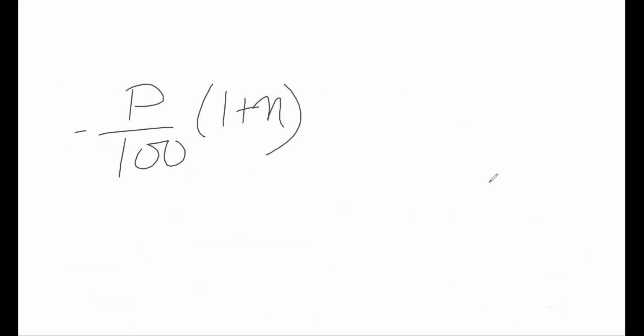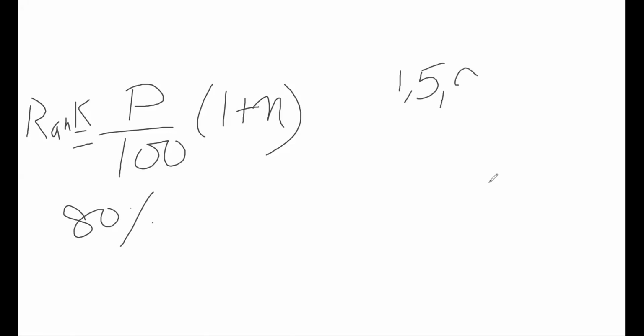It will tell us the rank. Suppose we want to calculate the 80th percentile of a group of data. Suppose we have the data 1, 5, 9, 2, 3, 8, 2.